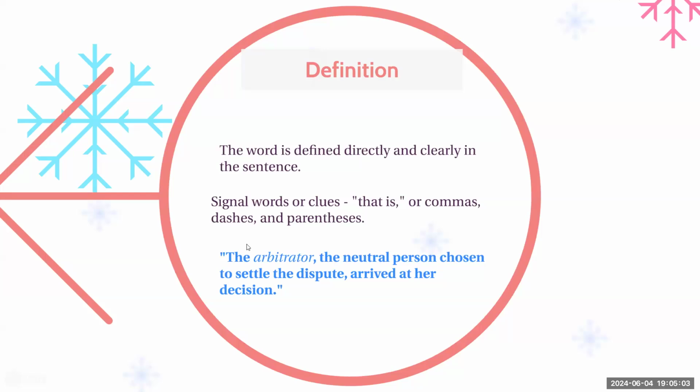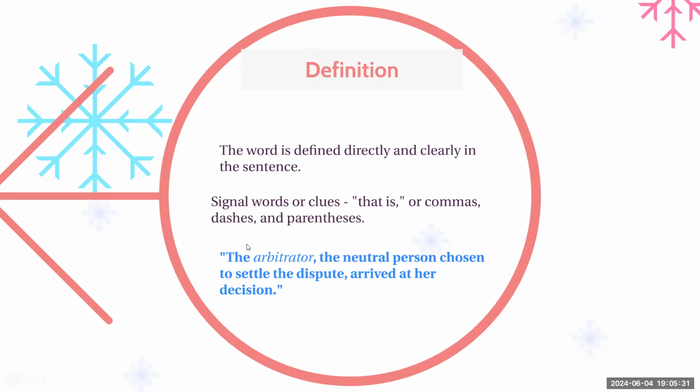A judge, someone who's chosen to judge. Yes. How do you know that? It's in the sentence. Neutral person, right? It's in the sentence. The definition comes right after it. The reason why it has the two commas, like it's in between two commas, is because if we take that out, the sentence still makes sense, right?